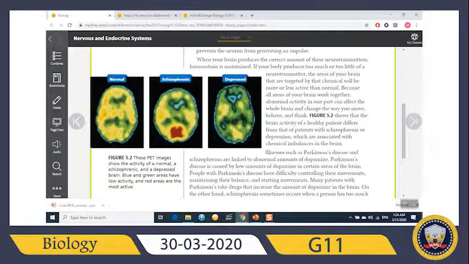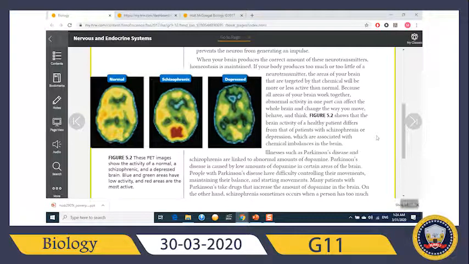So the schizophrenic person is a delusional person. It's a very serious disease, by the way. So this is the schizophrenic PET. This is the depressed PET. This is the normal PET. So yes, we can detect clinical depression via imaging like this.